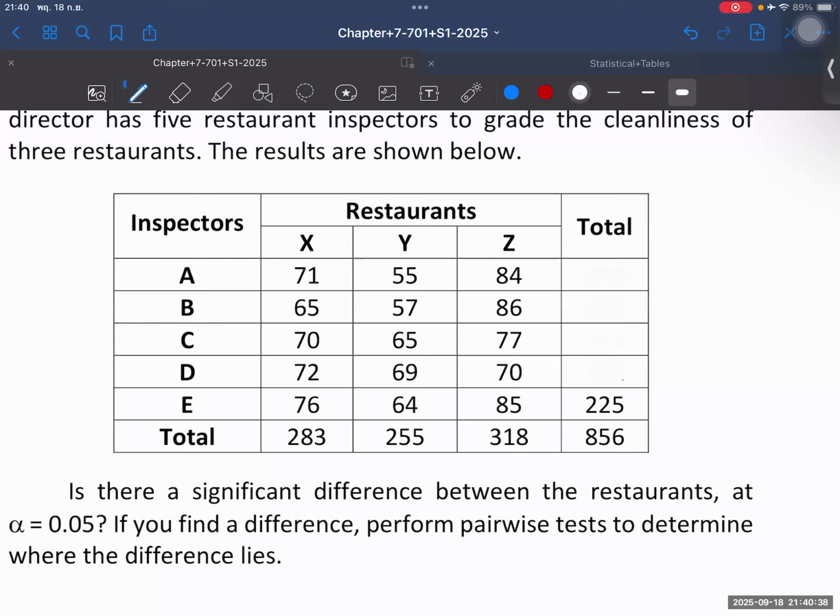So we will check the sum of the row and the sum of the column, and the sum of the sums for each row and column. Let me check.